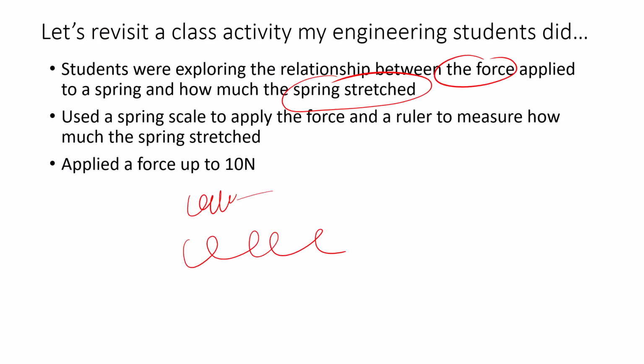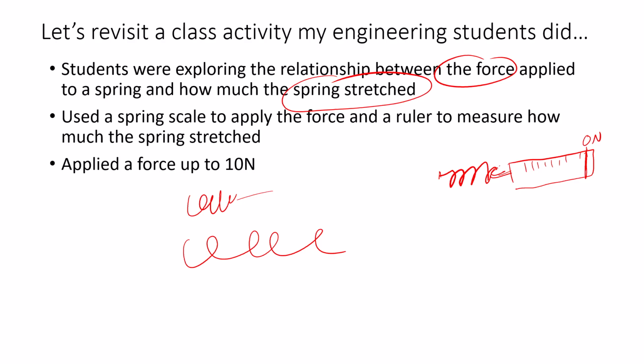So what they did was they used a spring scale to apply the force. They had a spring, and attached to the spring was a little hook. It was attached to this thing called a spring scale, and that was graduated. Then they held or anchored the end of the spring down, and then they pulled on the spring scale. So this would be a 0 up here, 0 newtons. Newtons is a unit of force.